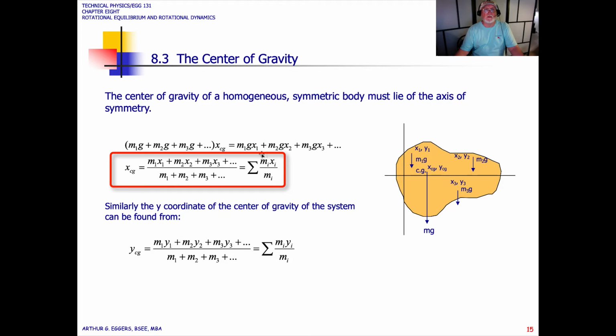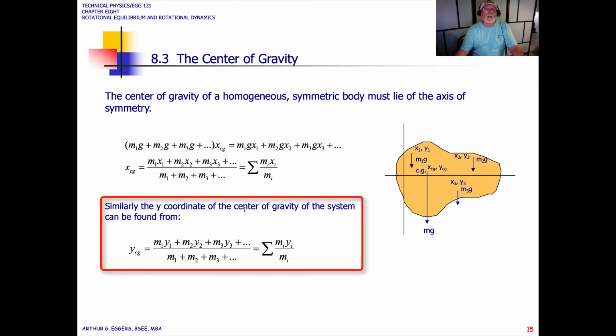And again, we simplify it using our summation symbol, sigma, m sub i, x sub i, divided by sigma m sub i. Okay, so in every case, it'll be a summation of all those points. Similarly, the y-coordinate of the center of gravity of the system can be found the same way. So if you look at this, it says y sub cg, the same terms, the same simplification.